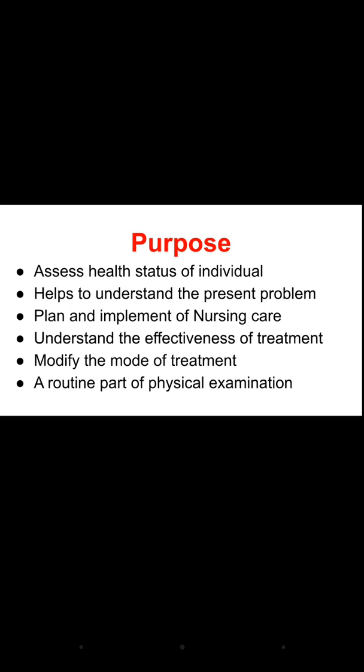So we will provide the antihypertensive drug to the patient, and after half an hour to 1 hour, we will reassess the blood pressure and come to know whether the medication we gave was effective or not. In this way it helps us to understand the effectiveness of the treatment.